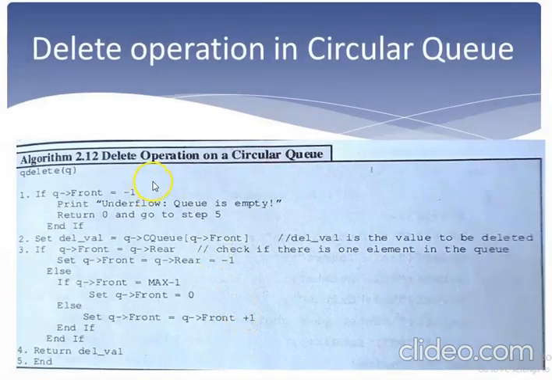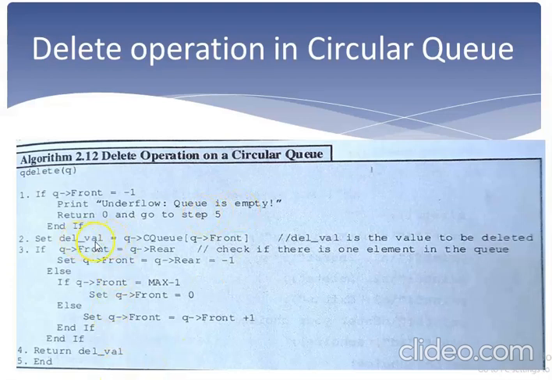Then the delete operation also. If q front is minus 1, we can say that nothing is left in the queue because it is pointing to an invalid location. So we can print underflow, the queue is empty, and stop the algorithm.